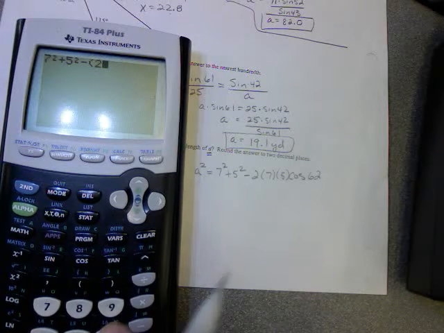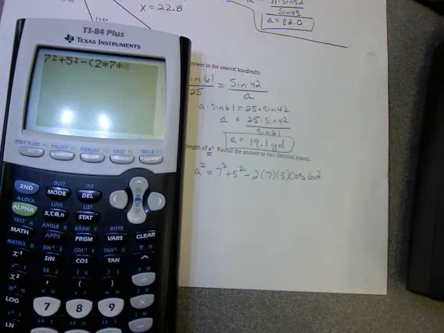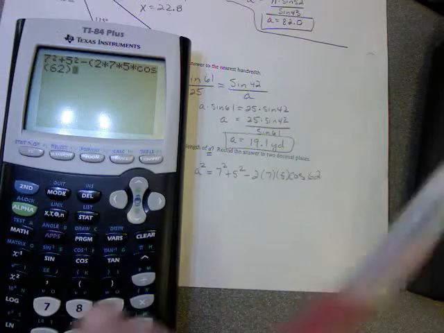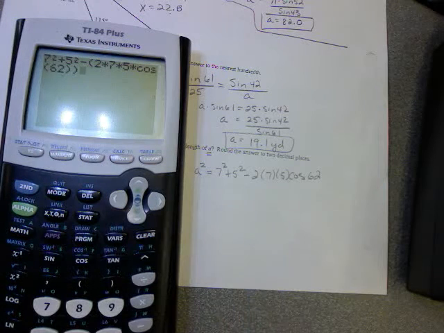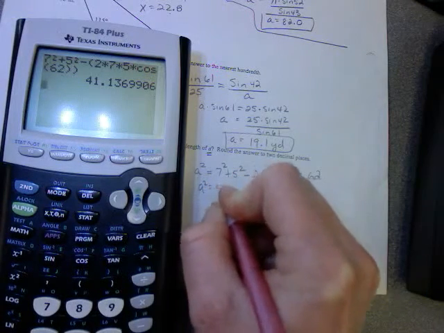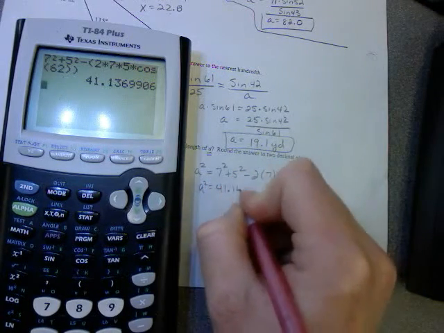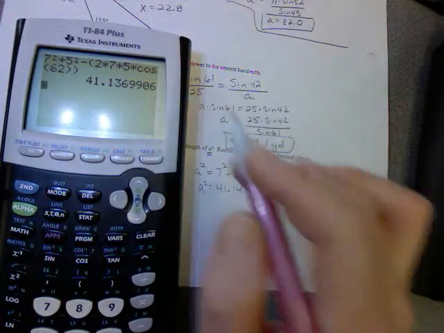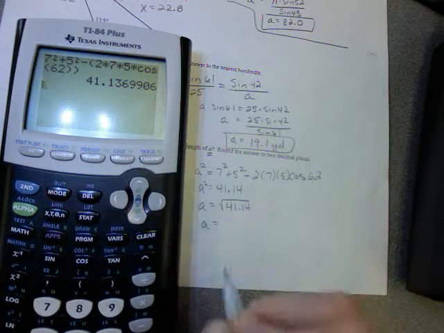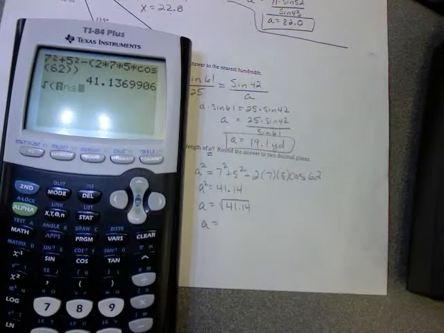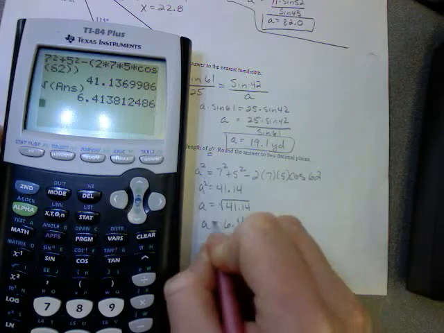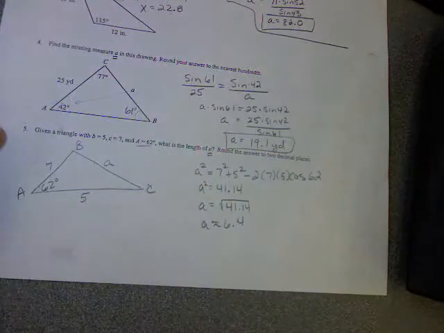So minus 2 times 7 times 5 times the cosine of 62, and your parenthesis for the cosine of 62, and your parenthesis for the beginning of that multiplication, and you can hit enter, and you get 41.14. Now I know I rounded it there, but you're not going to take it out of your calculator. You have to take the square root of 41.14, and that is second square root of second ANS, and we get 6.4 approximately. We are done.